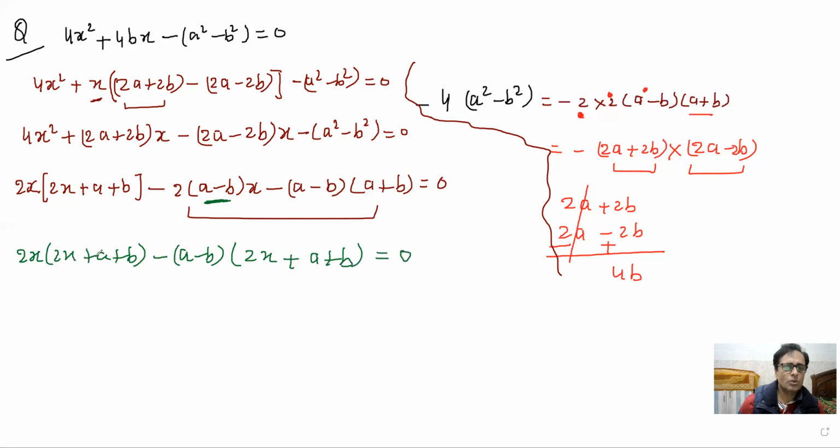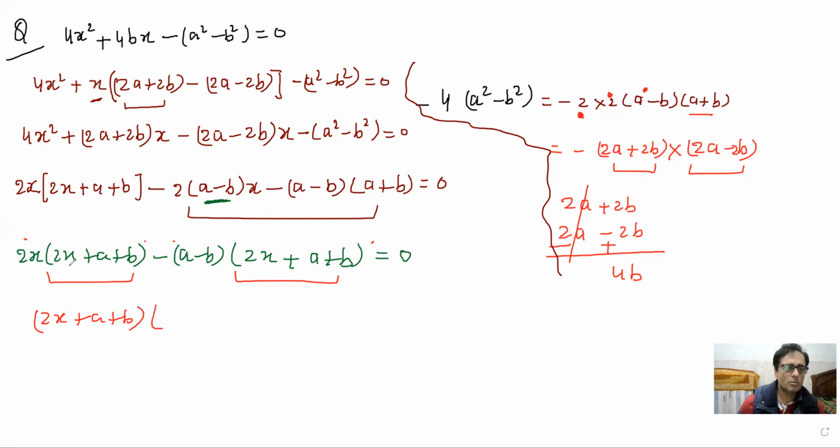After doing that whole analysis, we can see that the part I'm talking about is totally common in these two terms, the first term and the second term. In these two terms we see that 2x plus a plus b is common, so I'm writing 2x plus a plus b is common.